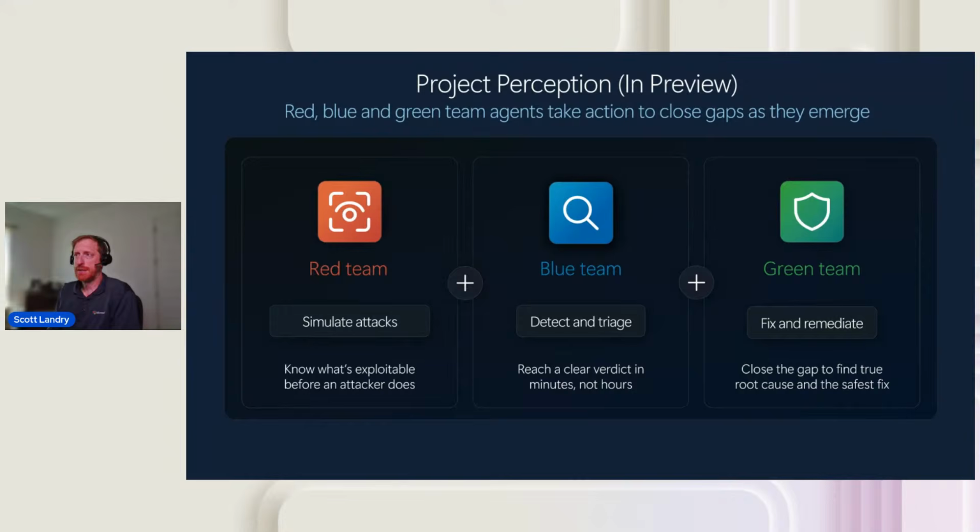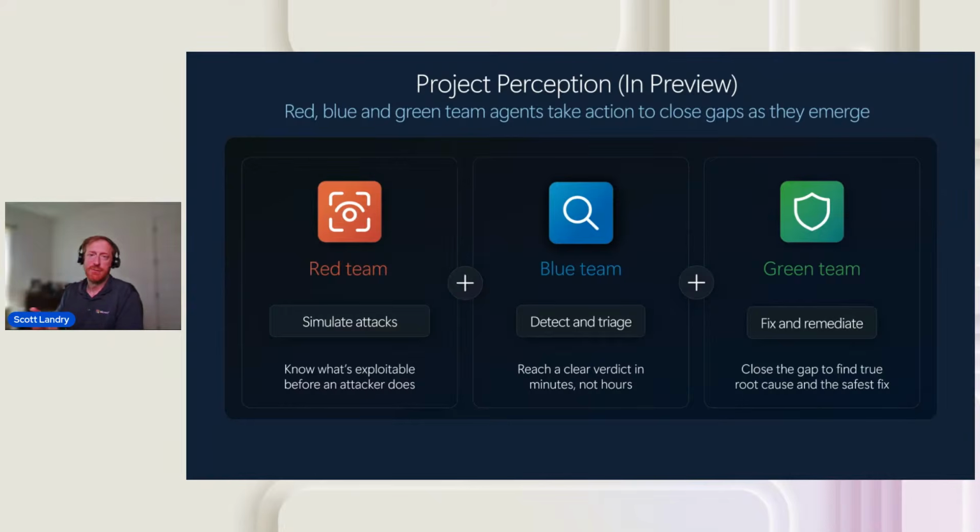One final thought is we do have in public preview, so I'm allowed to talk about it, our project perception. And really, some of what I was just showing you with that triage agent is tied in here to this notion of project perception, which is basically we're building teams of agents that work together.